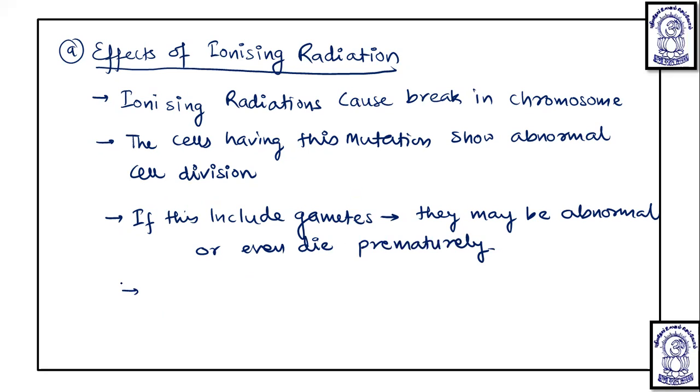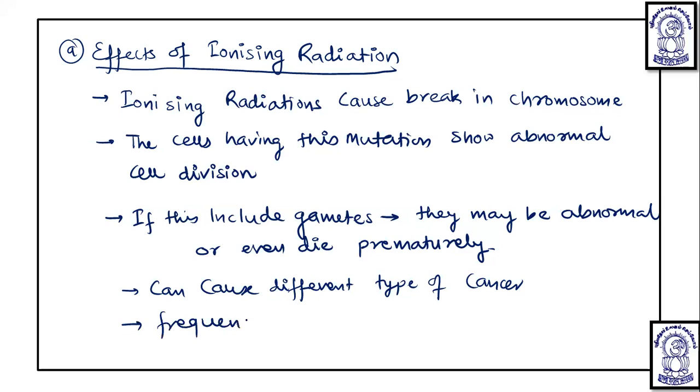And this ionizing radiation can cause different types of cancer. The frequency of mutation means how tough this mutation is, or how much dose of this mutation, or how effective or harmful this mutation is.